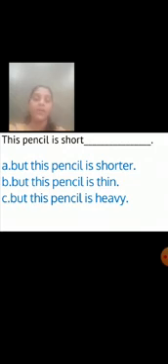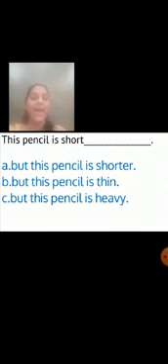Now look here kids. This pencil is short. Again we are doing comparison between the two pencils. That means we are doing the comparison between two similar things. When we are doing the comparison between two similar things, what do we add to the adjective?